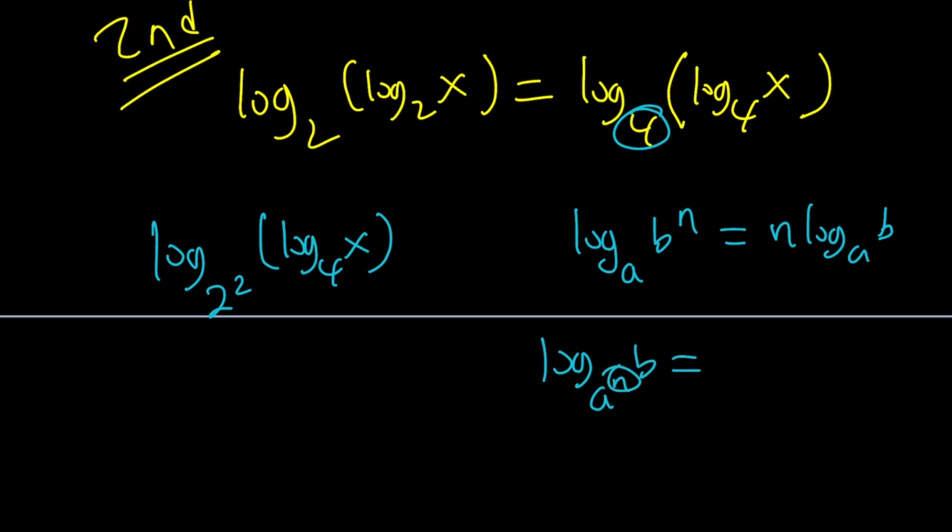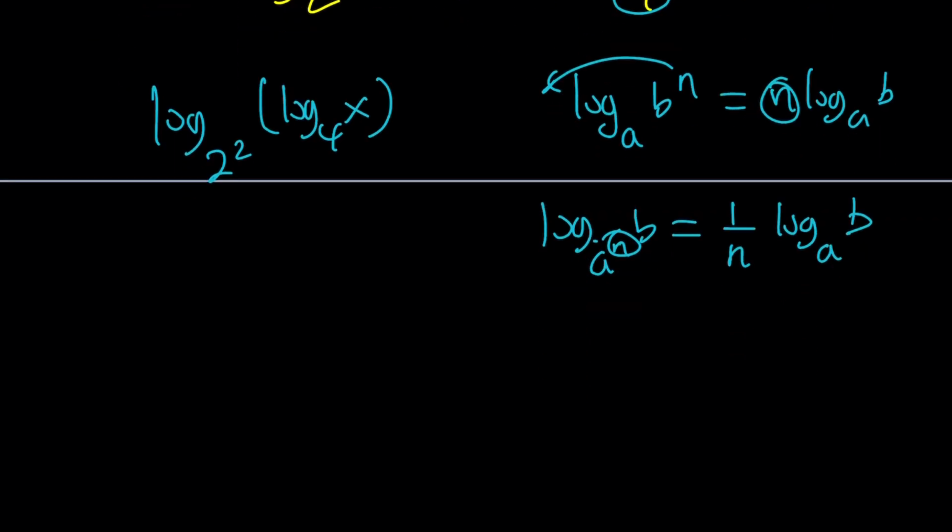This time you can bring the n to the front, but it needs to be a reciprocal because it's coming from downstairs. You get the idea? Okay, a is downstairs, b is upstairs, whatever. So this 2 can be brought to the front, but it's going to be with a 1/2. Okay, cool. And everything else is good.